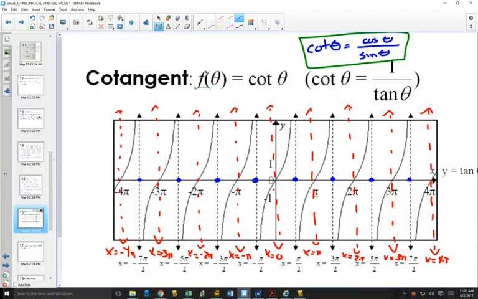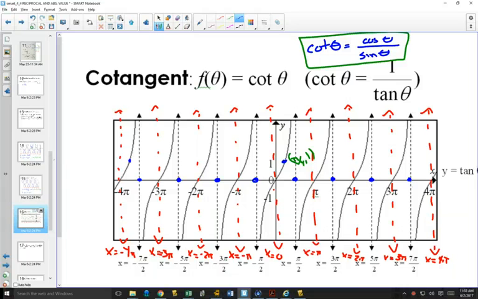Now, one way to help you graph this is, you know on your tan graph you have this point right here, pi over 4 comma 1. What's going to happen to that point? When I graph cotangent, it's going to stay the same, because what is 1 over 1? Stays the same.